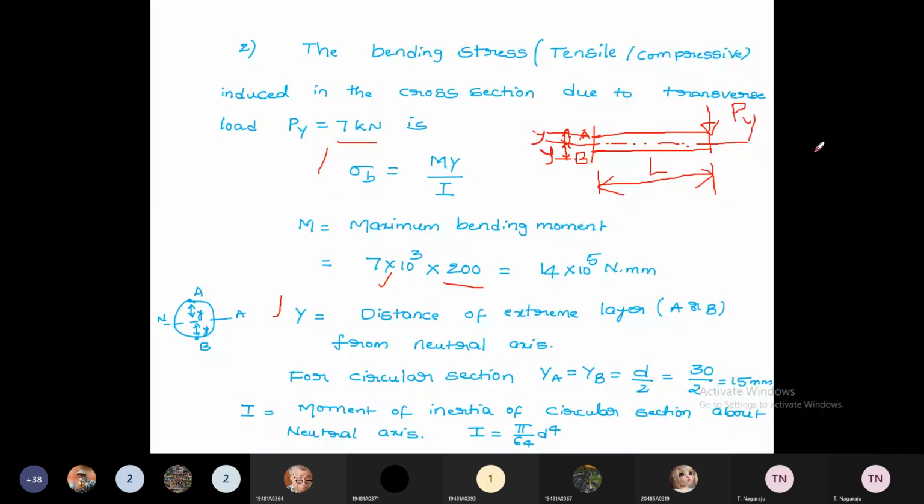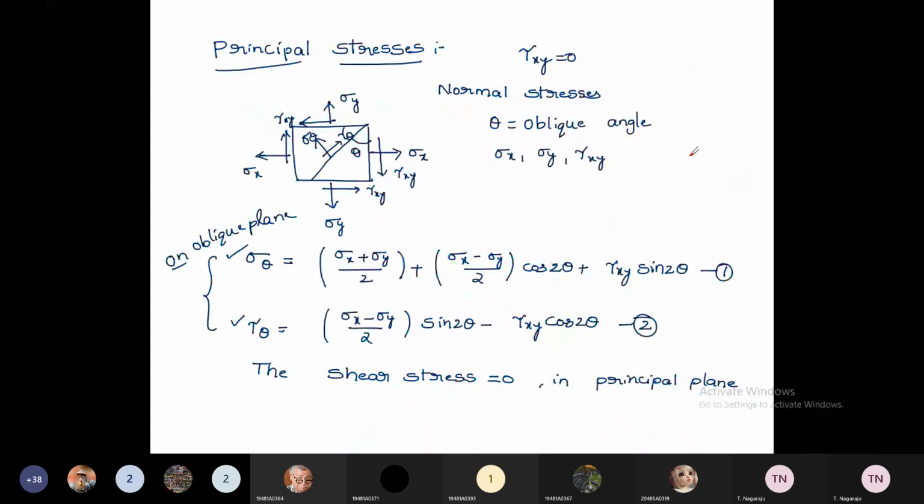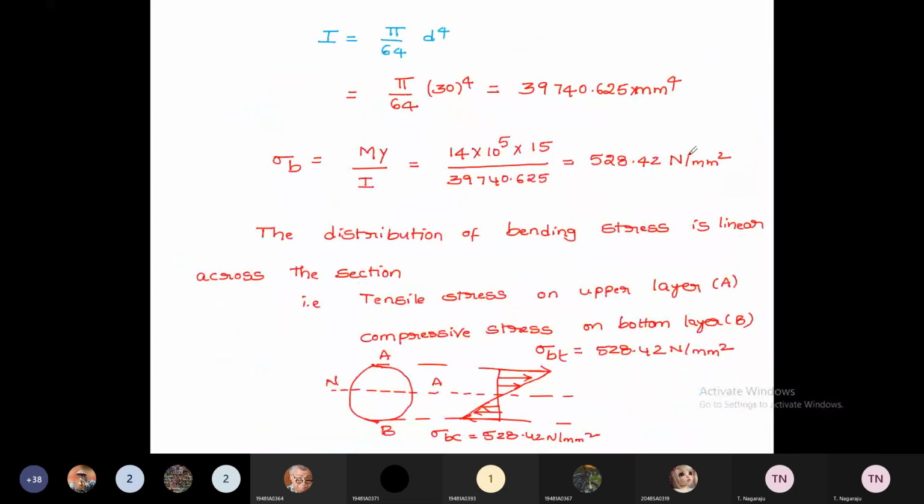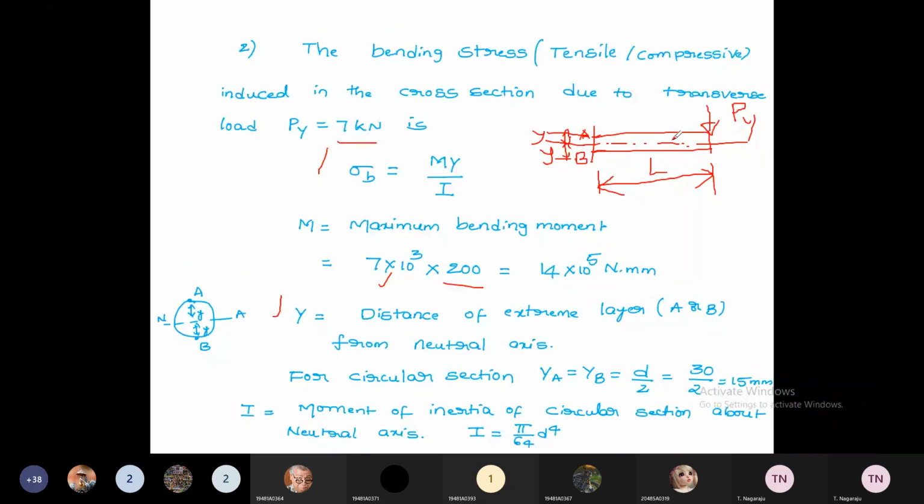Your member is a circular member, and the diameter d is already given. Then y is equal to d by 2, that is, y or yb equals 30 divided by 2, which is 15 mm, the distance from the neutral axis to the extreme fiber.